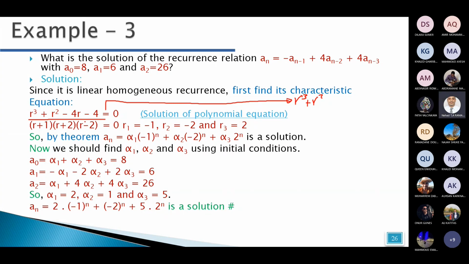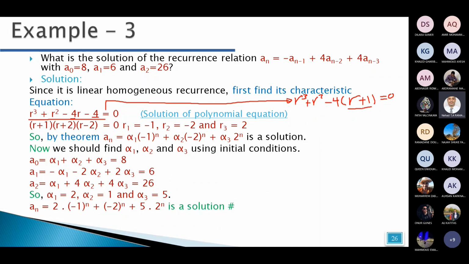Okay, so this 2 minus 4 minus 4, you can take from them like this: minus 4 as a common factor. What do we have inside? R plus 1. Okay, all this equals 0.